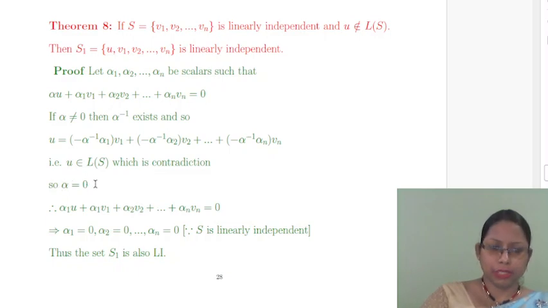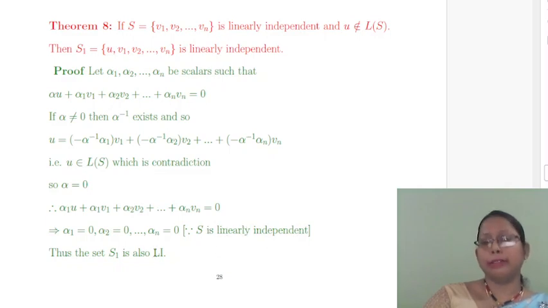So when alpha is equal to 0, from this equation you should correct only this one, alpha u. Then alpha is 0, alpha 1 is 0, alpha 2 is 0, ..., alpha n is 0.